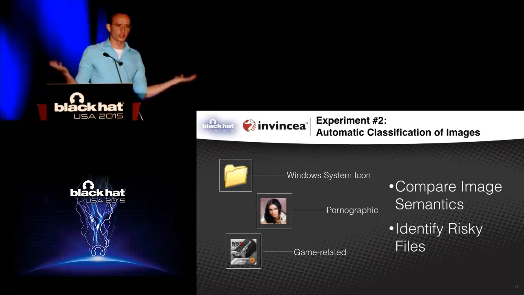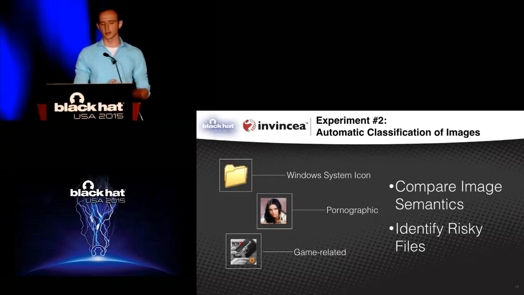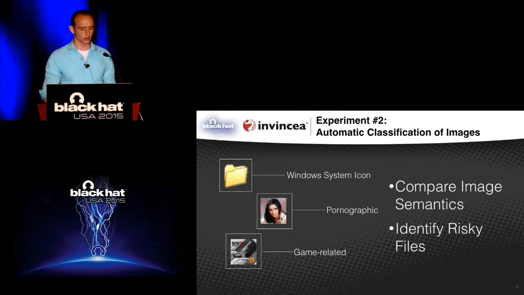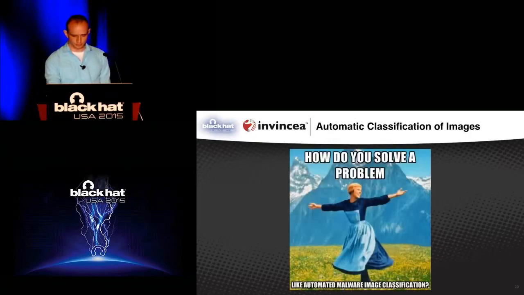Also, if someone just downloads something with a pornographic image or a game in their office, that's probably risky, probably not something we want to allow. And by being able to automatically detect that, we can just cut it off, block it right there, or at least alert security.